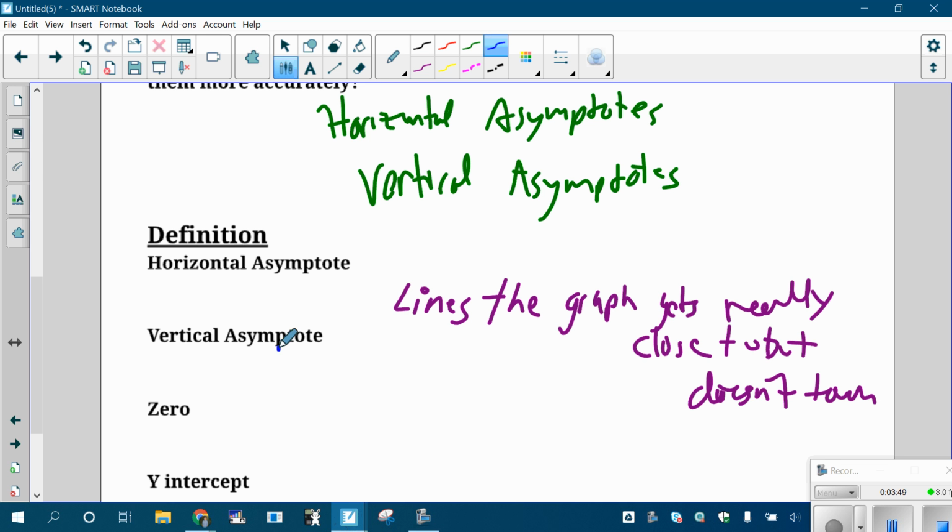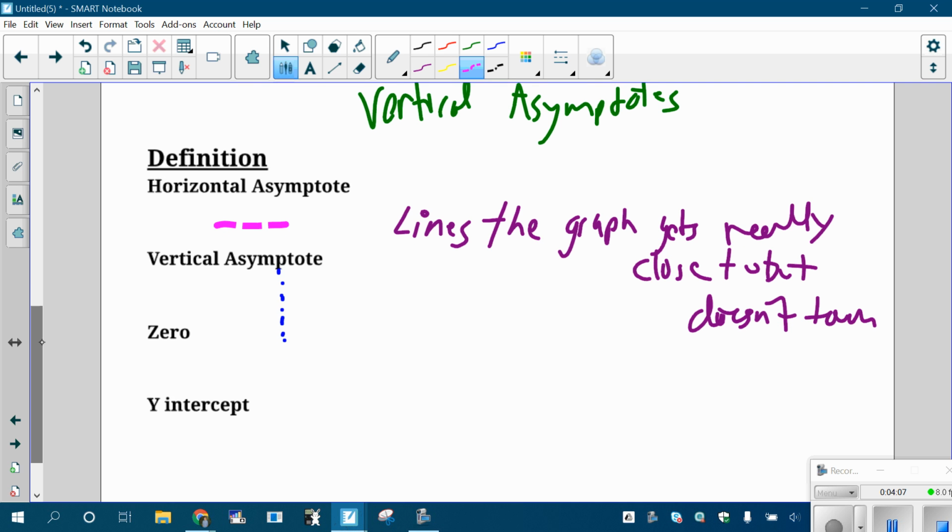Well, it's the vertical line the graph gets close to and doesn't touch. So it goes up and down. What's a horizontal asymptote? It's just a horizontal line the graph gets really close to and doesn't touch. So a lot of our rational functions are going to have a combination of horizontal asymptotes and vertical asymptotes, and those are going to help us get an accurate picture of the graph.